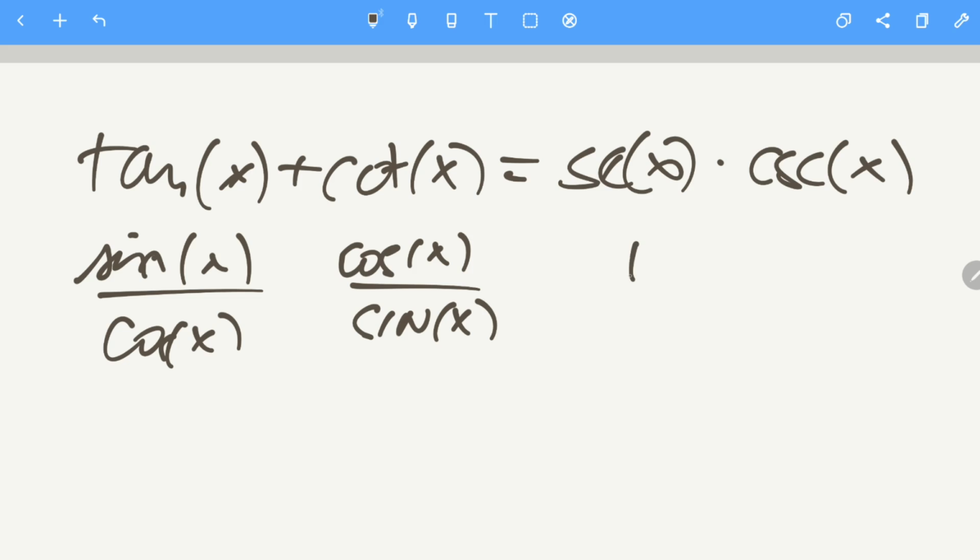And on the right we have 1 over cosine times 1 over sine. So we actually have more trigonometric functions on the left hand side, so we must start from the left.